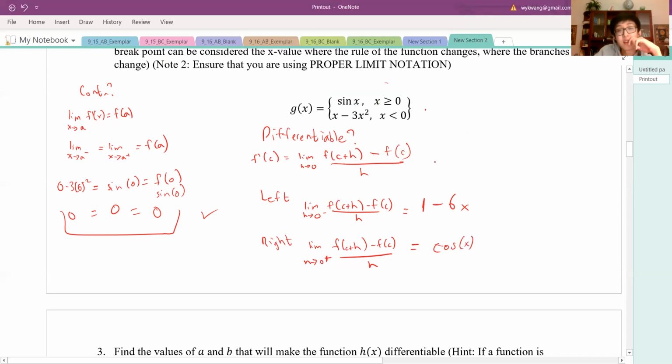Now let's plug in our actual question, like, is it differentiable at 0, right? Because that's the question, because that's where this whole piecewise function happens. So let's plug this in. Equals 1 minus 6 times 0, so that's equal to 1, right? And then cosine of 0 is equal to 1. Okay, cool. Now everyone can tell me after doing that work, just plug in 1.